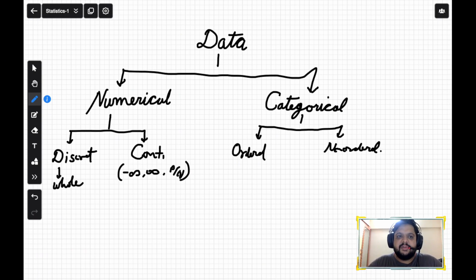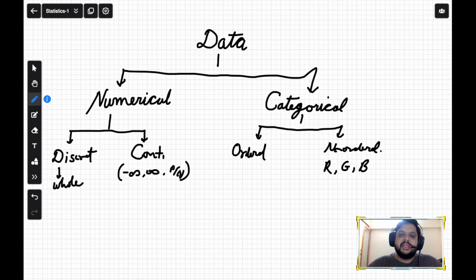So suppose I say I have three different colors of balls. So we have red, we have green, we have blue. But do you see any order in this? No. Right? So such categorical data like red, green, and blue fall in non-ordered categorical data.